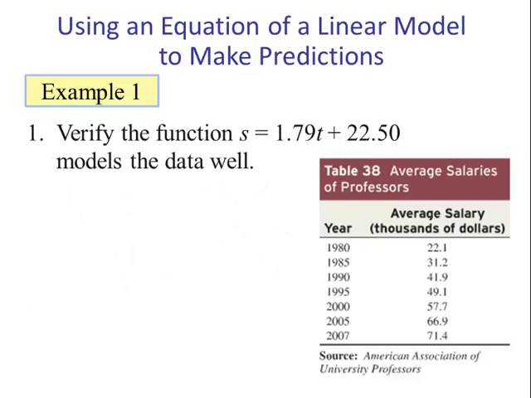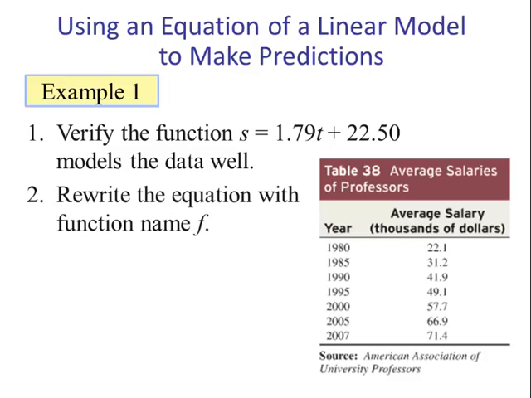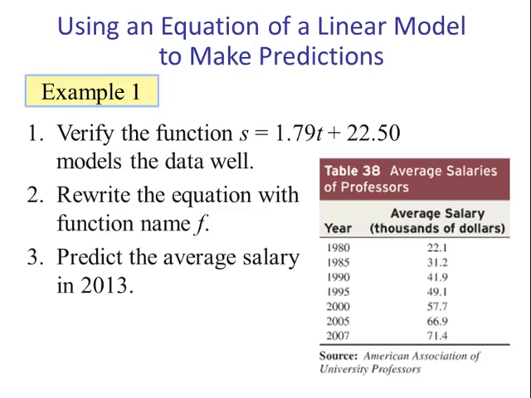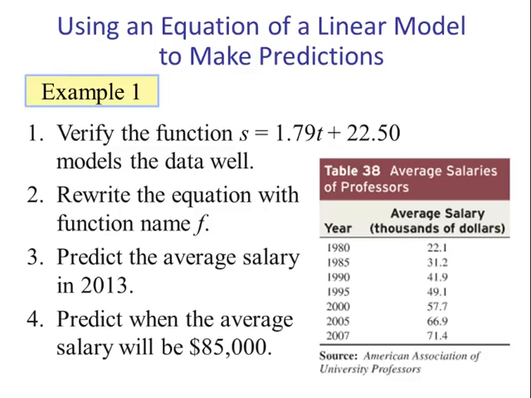Number 1, verify that the function S equals 1.79 T plus 22.5 models the data well. Number 2, rewrite the equation with the function name f. Number 3, predict the average salary in 2013. Number 4, predict when the average salary will be $85,000.